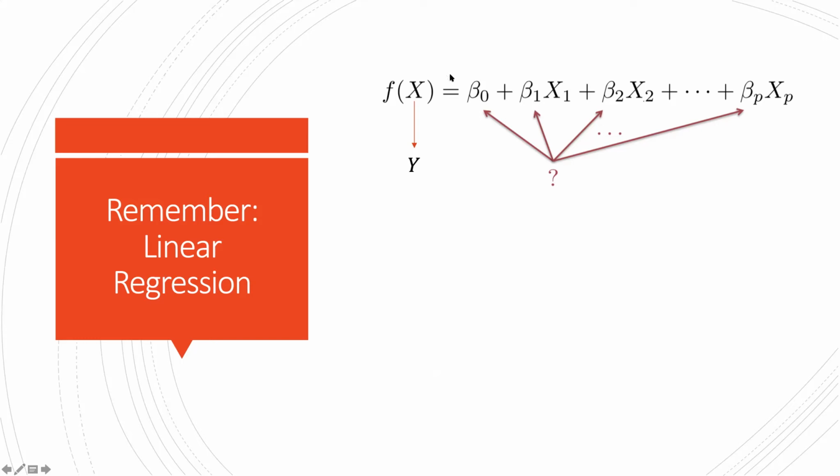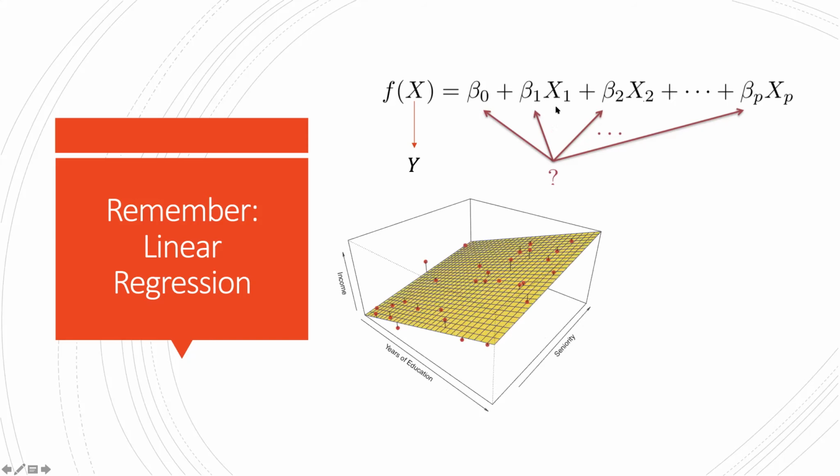And as you may remember, beta 0 is our intercept, and beta 1, beta 2, up to beta p are our slopes, corresponding to the variables in here. And this beta 1, for example, shows the increase or decrease in y when there is a 1 unit increase in x1, when you think that all other variables are fixed.